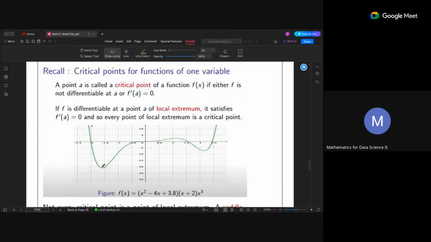So for example, maybe some point here, this point, right? This point is a local minimum. And what about maybe this point? Local maximum. Okay. What about this point? Local minimum.